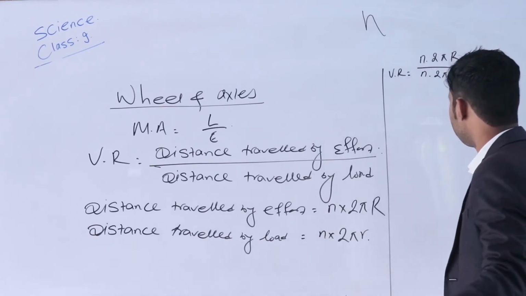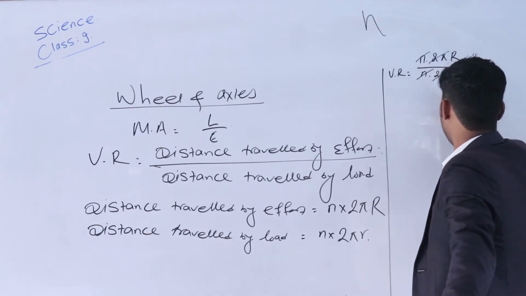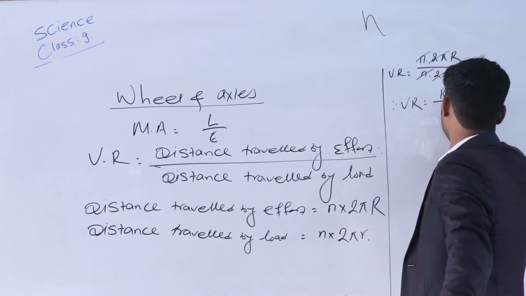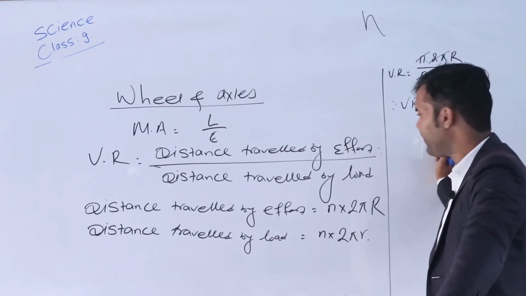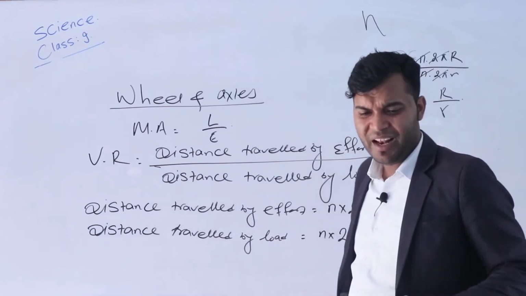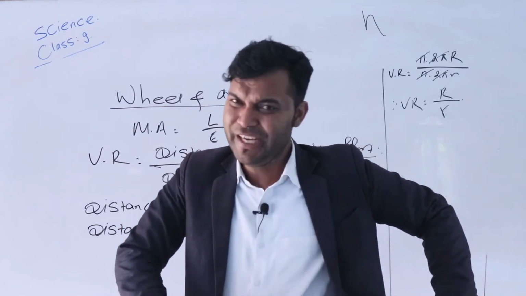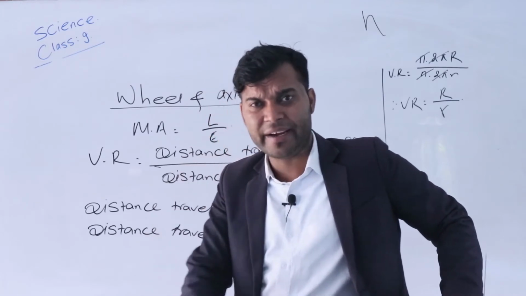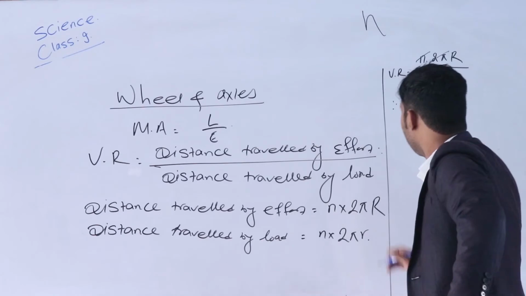Therefore, the velocity ratio is the radius of the wheel upon the radius of the axle. Radius of wheel upon radius of axle is called the velocity ratio.